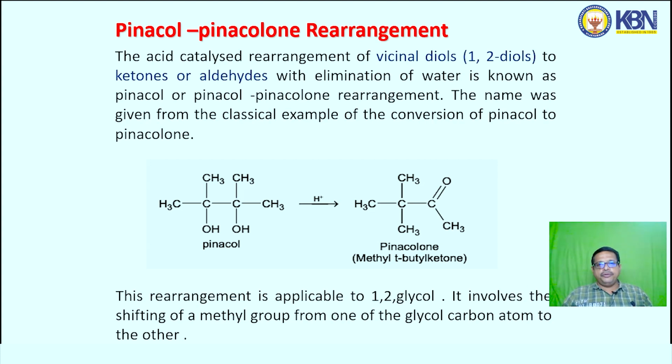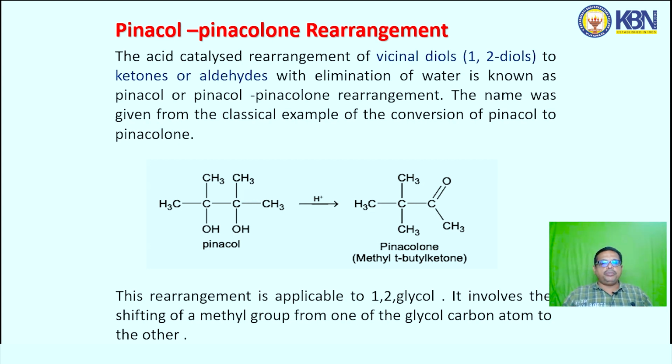Here, vicinal diols means the compound contains two OH groups which are present on adjacent carbon atoms. Those are vicinal diols or 1,2-diols.